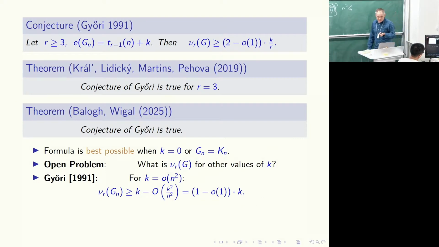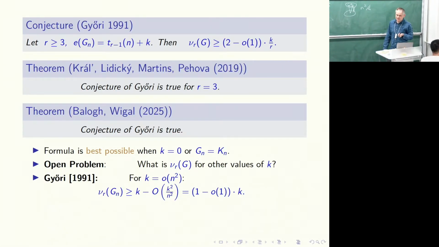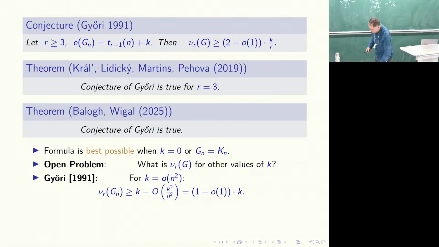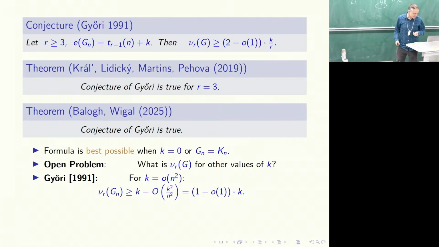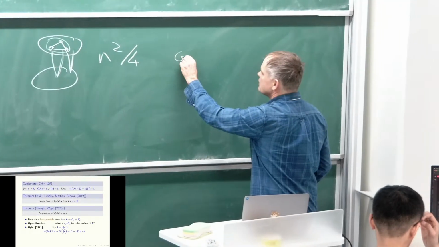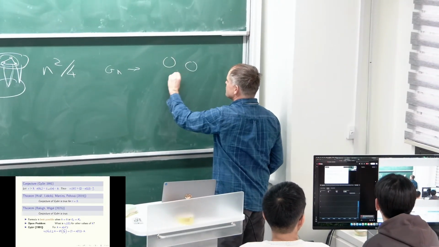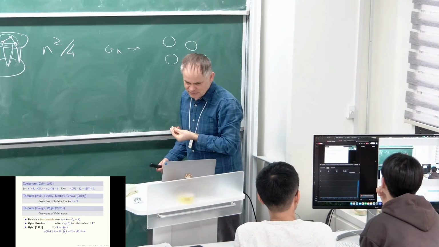And if somebody knows the regularity lemma, then it's probably easy to prove. This comment is for people who know the regularity lemma. Assume that we have G_n. If we apply the regularity lemma, then we get a cluster graph.